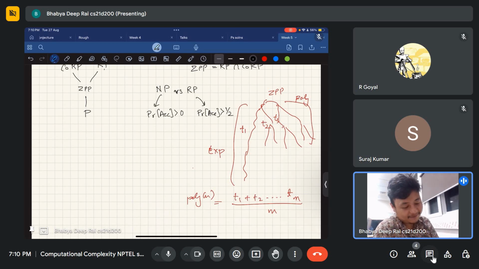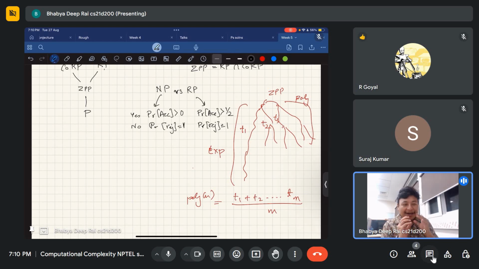And the probability that it rejects is equal to 0 for the yes instance, and for the no instance, the probability that it rejects is equal to 1.